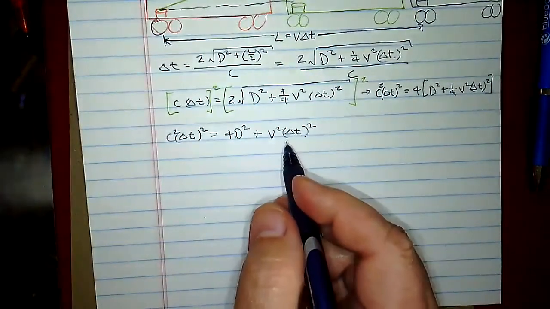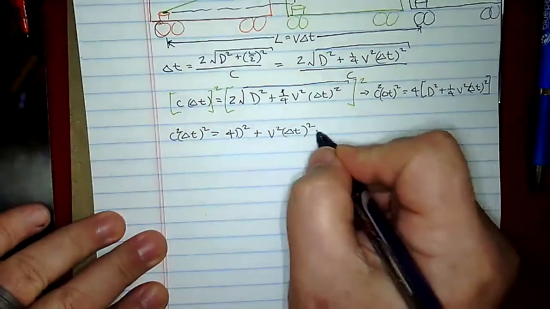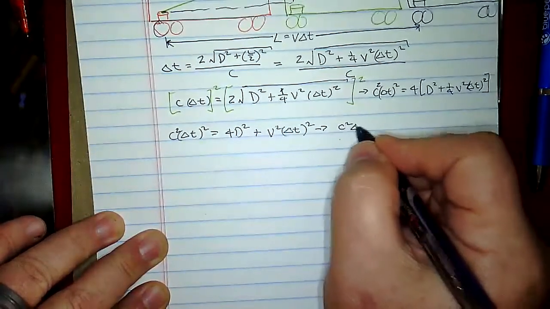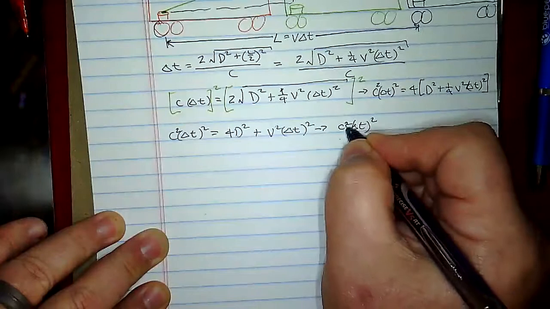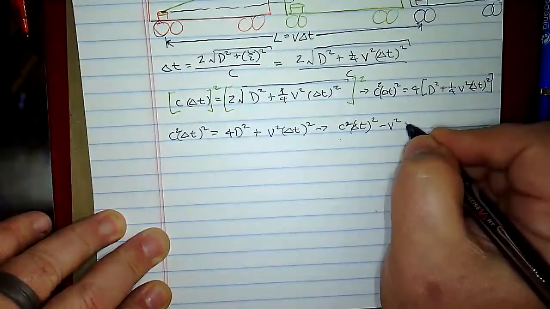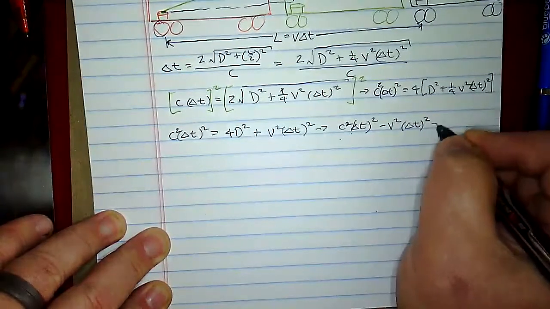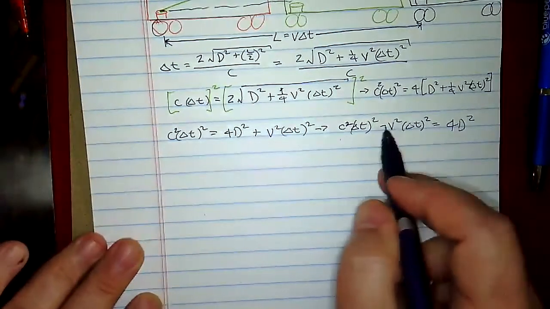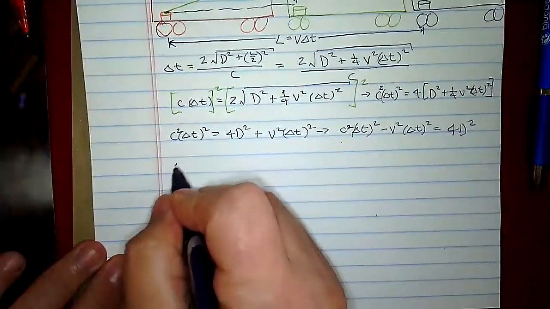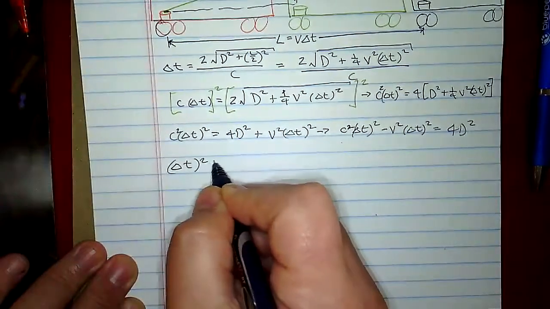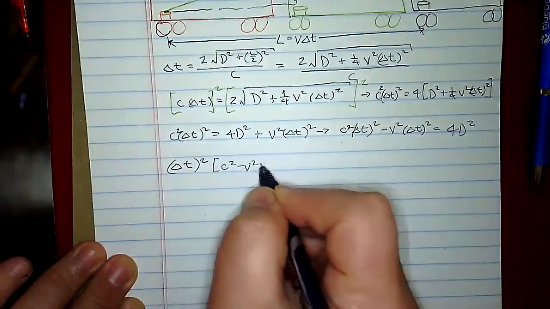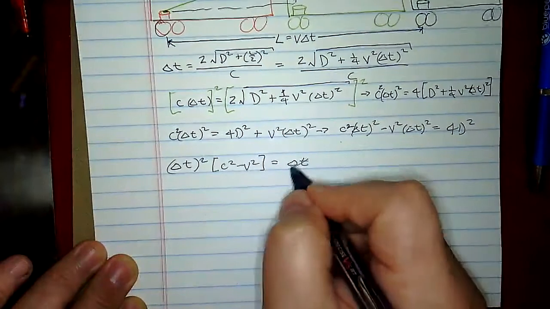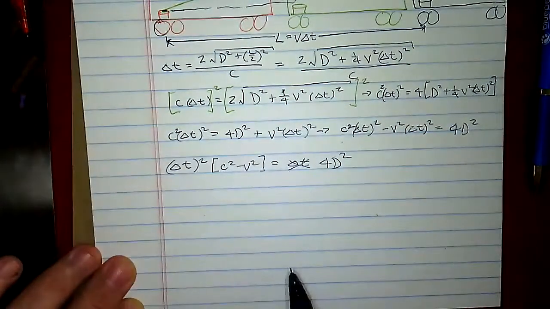Now what I'm going to do is solve for delta t. Clearly I can get the delta t's over here by doing c squared delta t squared minus v squared delta t squared, and that's equal to 4d squared. So now I can factor out a common delta t squared there, and I get delta t squared times c squared minus v squared is equal to 4d squared.